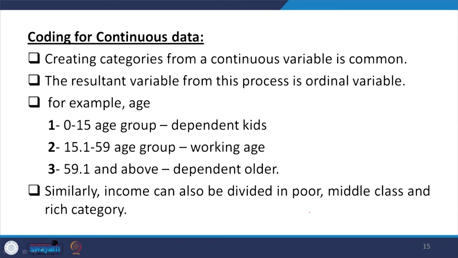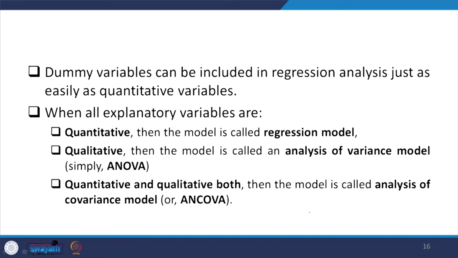Among all persons, we categorize into 3 here. So continuous data can be categorized as well, as we dealt with earlier. Similarly, income can also be divided into poor, middle class and rich categories.